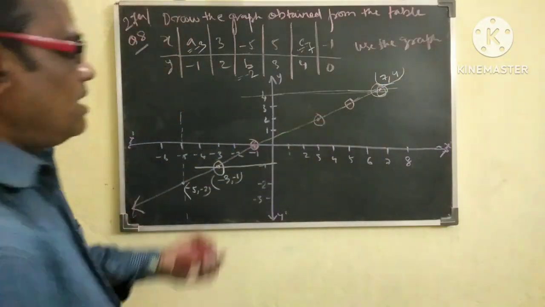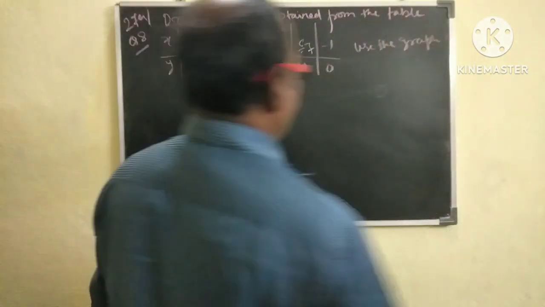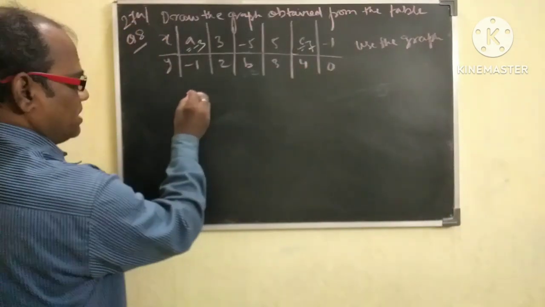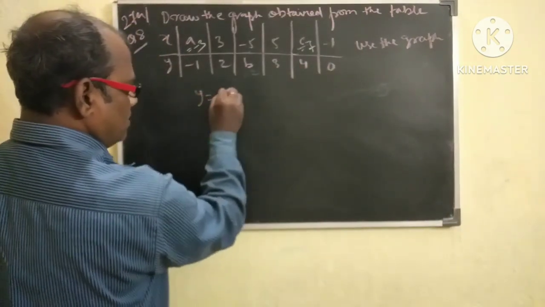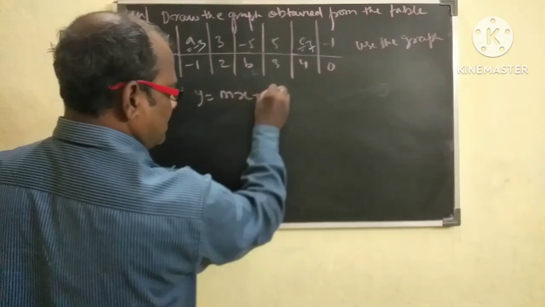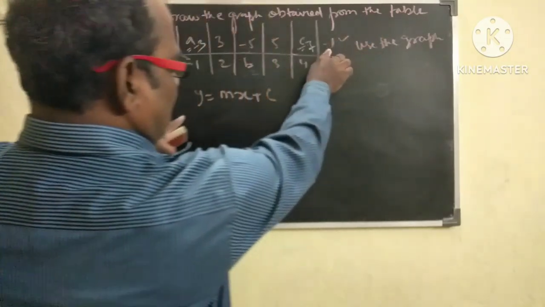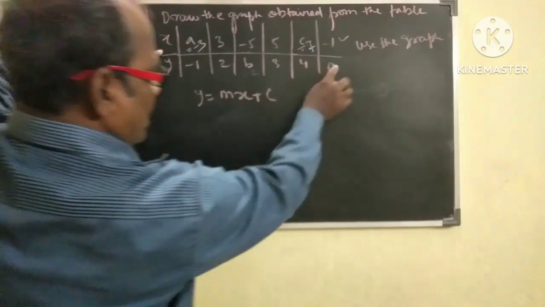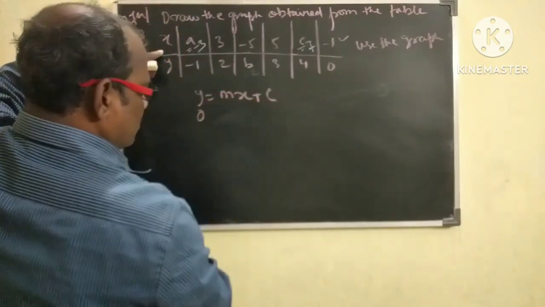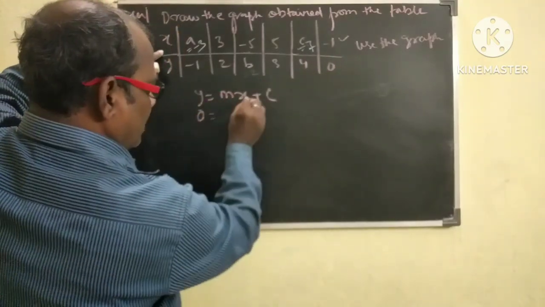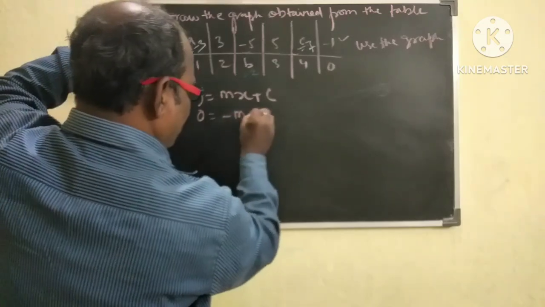Next we have to find out the relation between x and y, the value of x and y. Let us take the equation y equals mx plus c. Since this line passes through this point, taking -1 as x and y equals 0, we get 0 equals -m plus c.